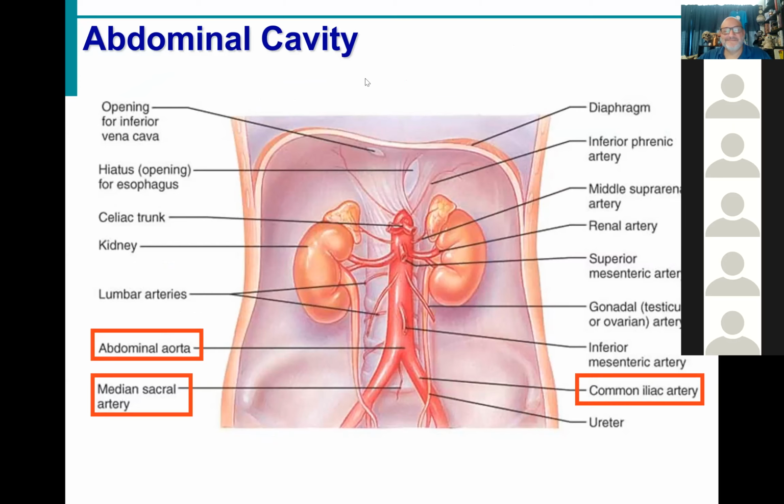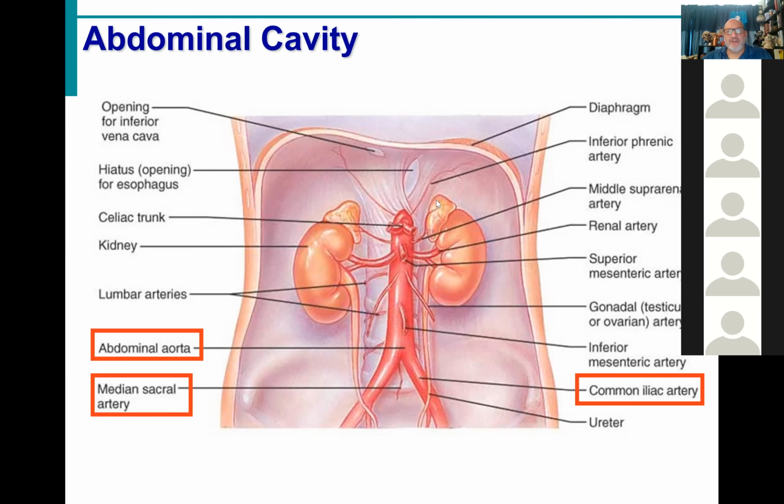Okay. Again, there are hundreds of named blood vessels in the body. Right, but absolutely, we are not responsible for all of them. You're just responsible for the ones on the list. So yeah, you're right. The phrenic, the adrenal, there are other ones as well, but we just need to worry about the ones that are on our list.